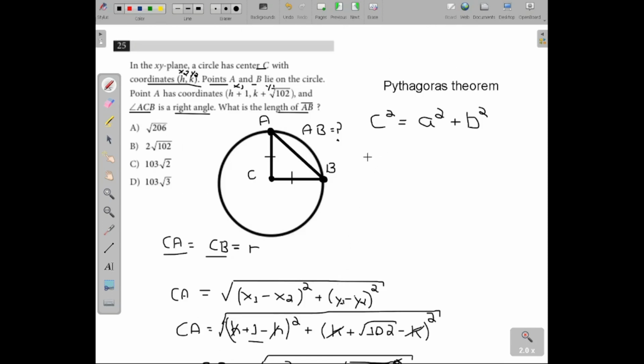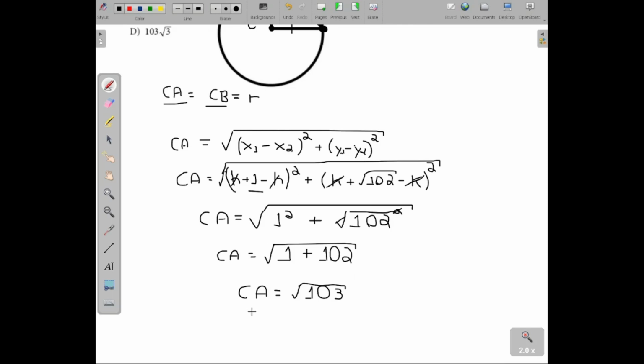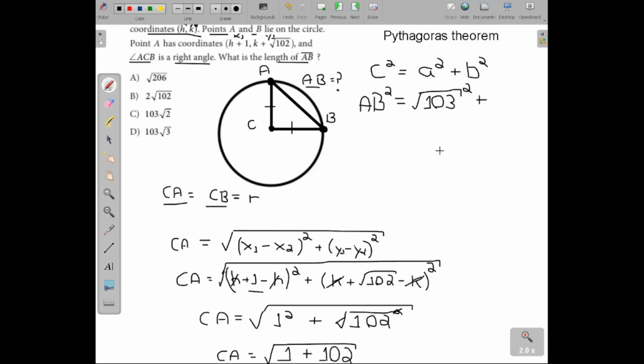Now we can replace here. C is equal to AB to the square equal to the length of A is CA plus CB, and we found that CA is equal to a square root of 103, so square root of 103 to the square plus square root of 103 to the square.